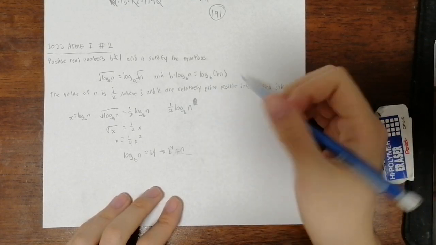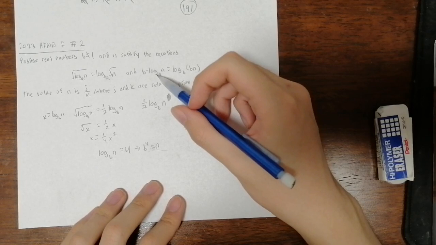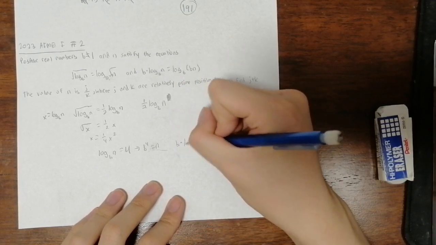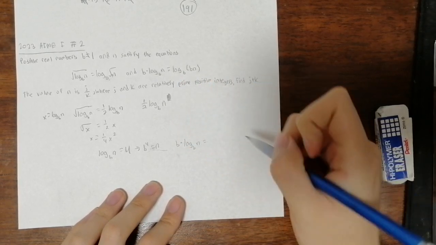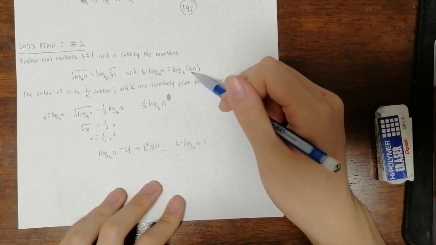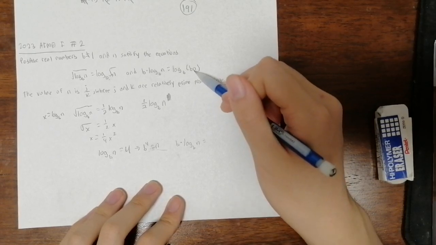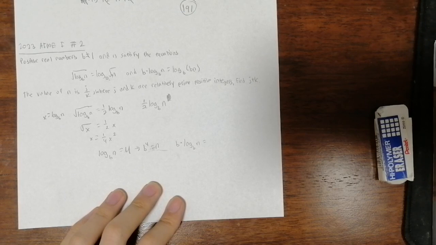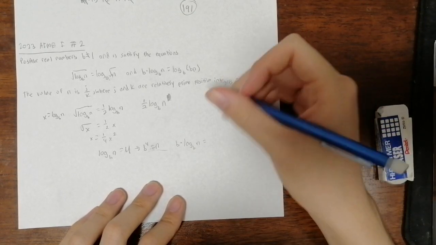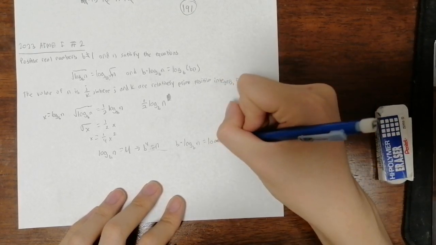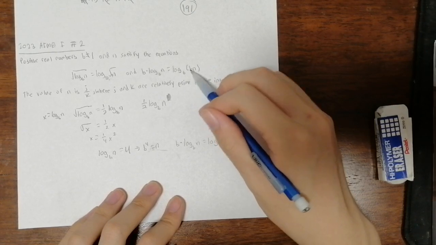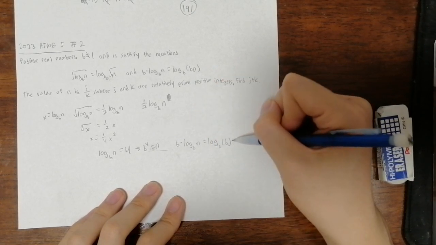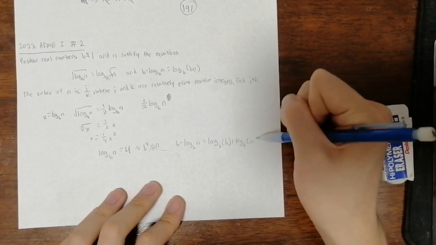Now let's look at our second equation. We have b times log b of n is equal to log b of b times n. So again, we can use our log rules. We can say that this is equal to log b of b plus log b of n.